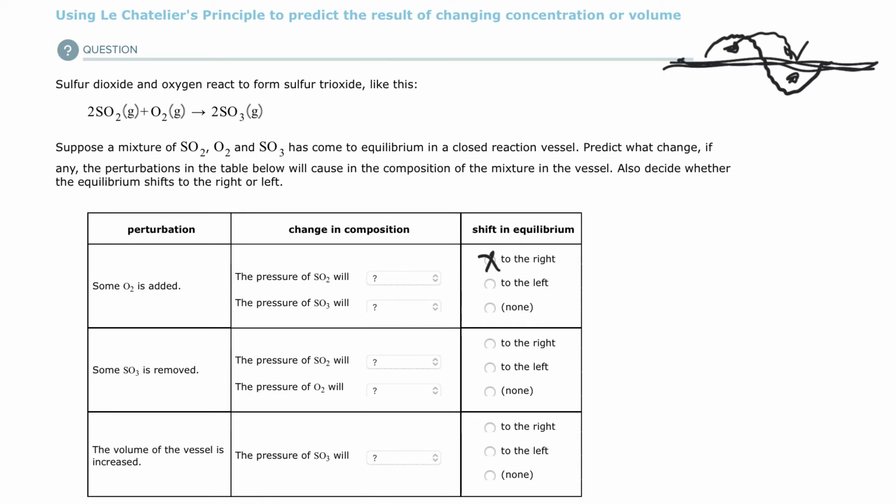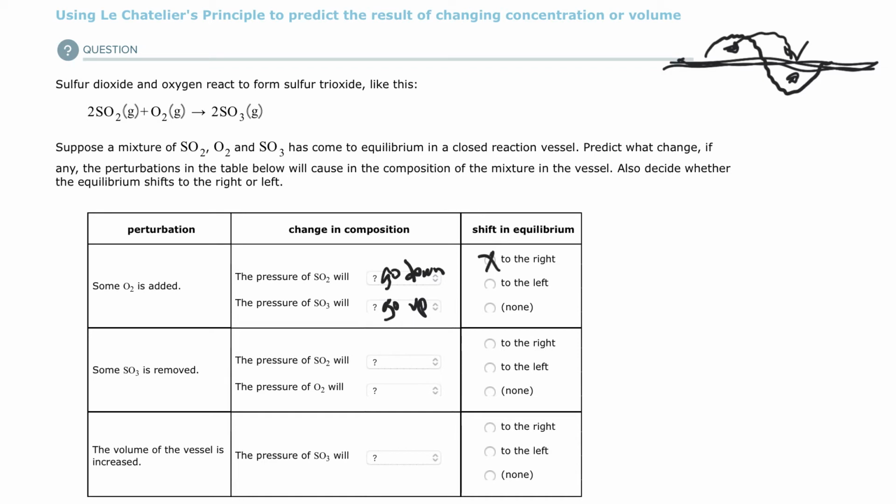Well, if it shifts to the right, then it's going to go down. What's going to happen to the pressure of the SO3? Well, it's a product. So if it's shifting to the right towards the products, that pressure will go up because more products are being made.